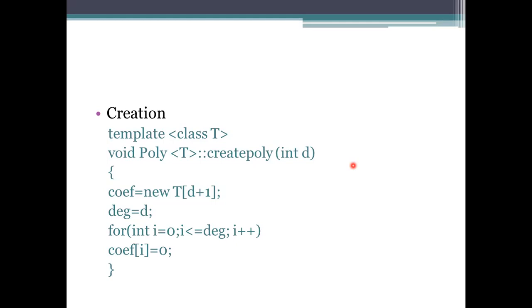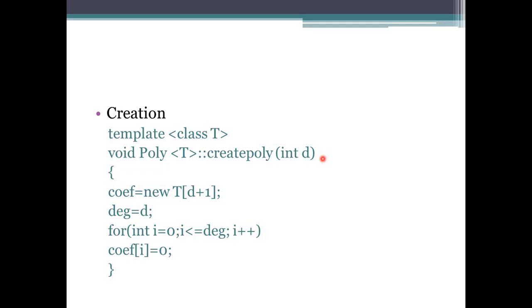Here we declare the degree as D. Whatever highest degree number you pass will be considered as D, and the array size will be D plus 1.